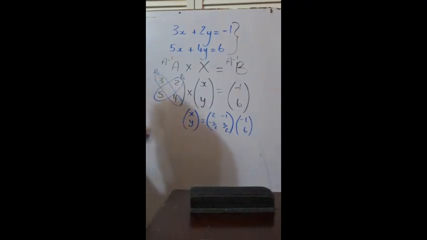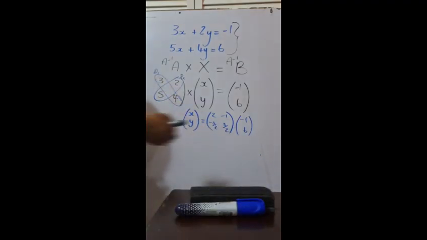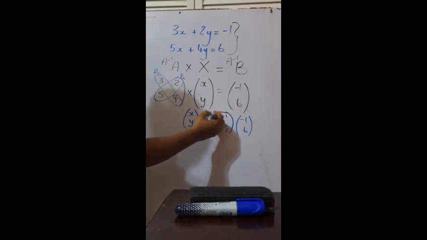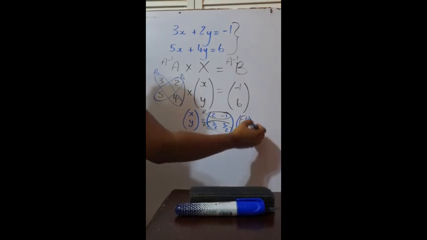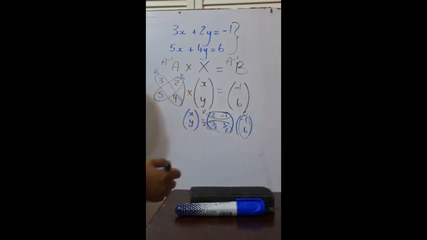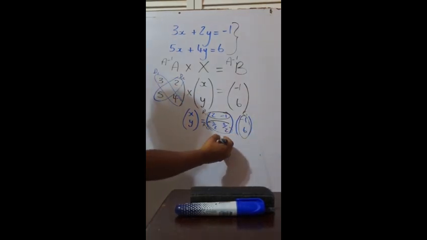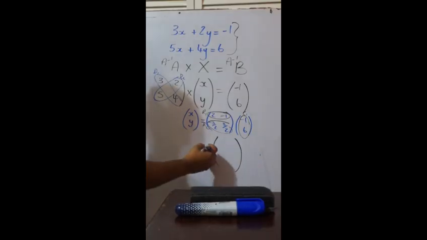Remember that when we're multiplying matrices, from the first matrix on your left you'll identify your rows. So I'm highlighting row 1, row 2. From the matrix on my right, I'm identifying my columns. In this case, it's one column. So my resultant matrix should have 2 rows and 1 column, and that is solving for x and y.